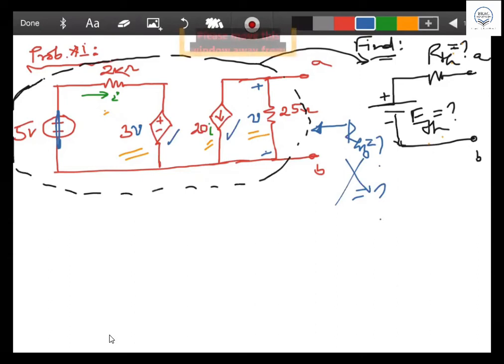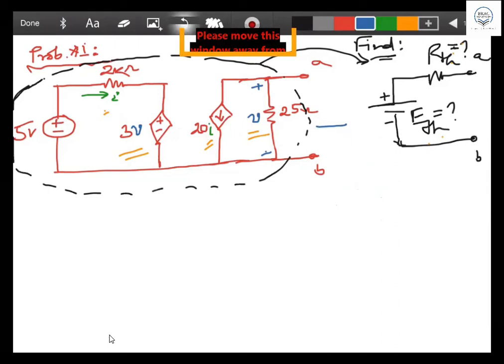Yes. Okay, good. Now, R Thevenin or RAB we cannot find first because of the presence of dependent source. If the dependent source is present, then R Thevenin cannot be determined first. Other way around, E Thevenin will be first, R Thevenin will be next.